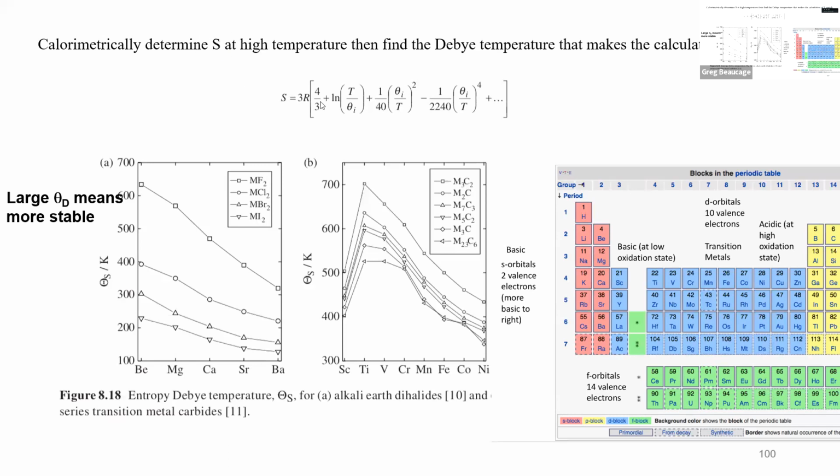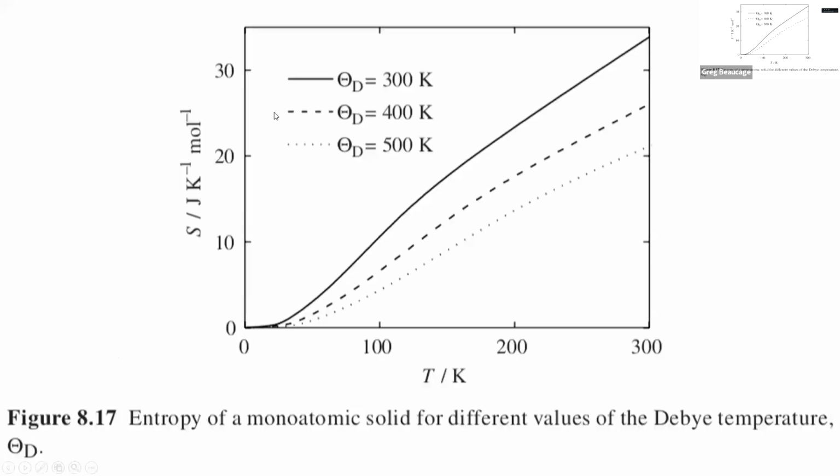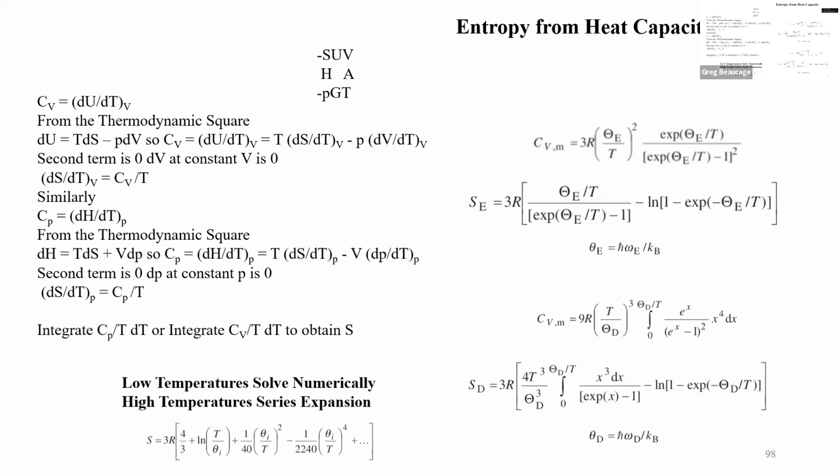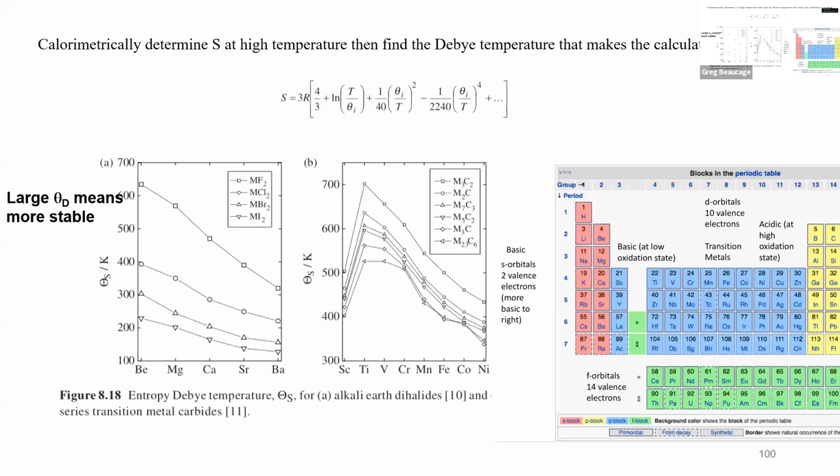Once you have the entropy, you can plug it into this power series or one of these equations, and then you can back out the Debye temperature. You can call that the entropy Debye temperature. So from a calorimetric measurement, DSC, you can get S, and from S you can get the Debye temperature.